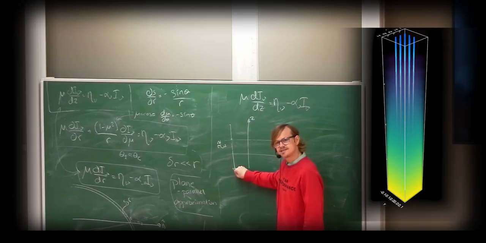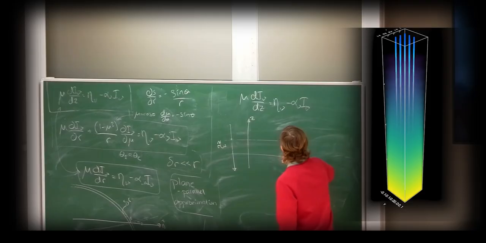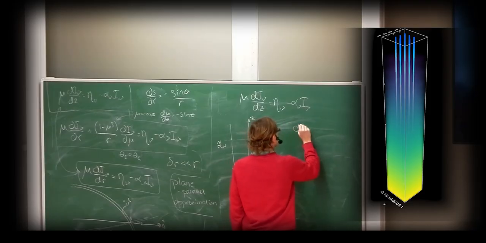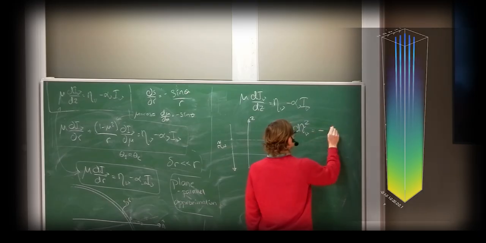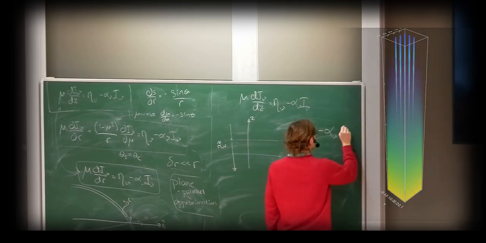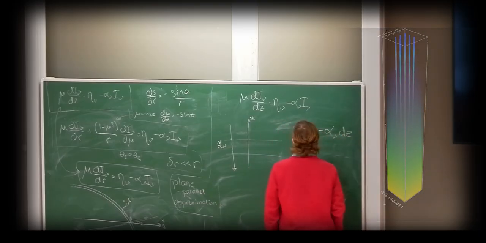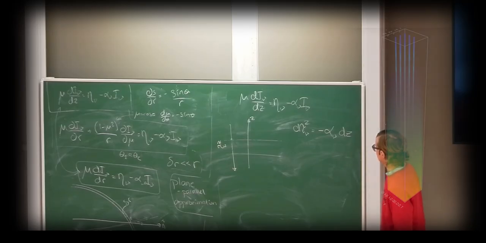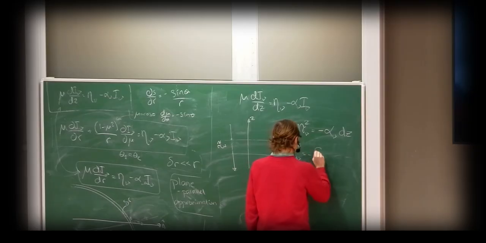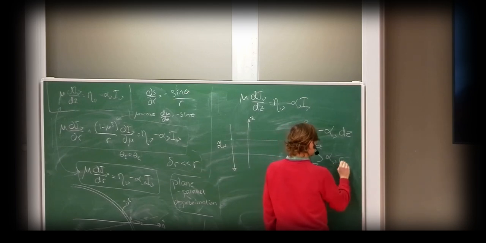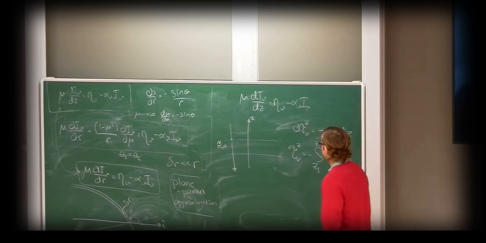And it increases inwards. So in that sense, you would define the tau nu C as minus alpha nu dc in the other direction, or that tau nu C from some C1 to some C2 is just the integral of alpha nu dc here.